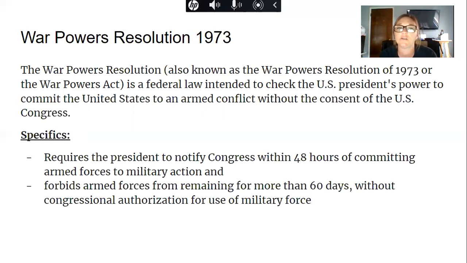Congress tries to react to that, and they issue the War Powers Resolution. It's a federal law that's intended to check the president's power to commit armed forces to different foreign areas.